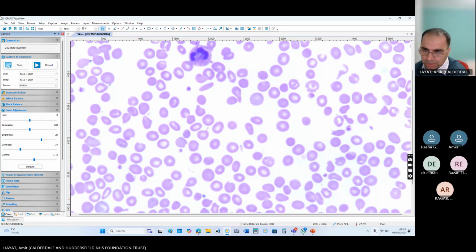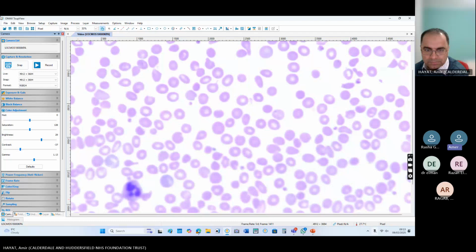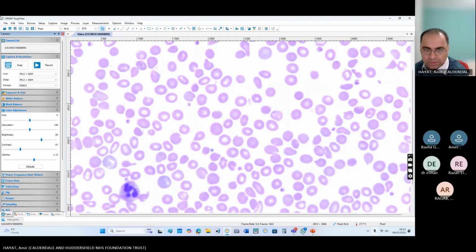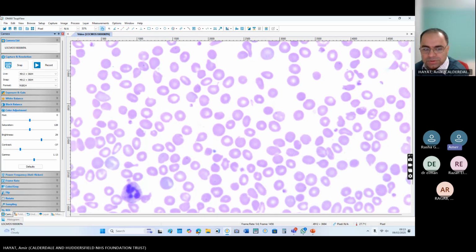Right. So you have seen enough of the section. You are asked to report this blood film. How would you report this blood film?